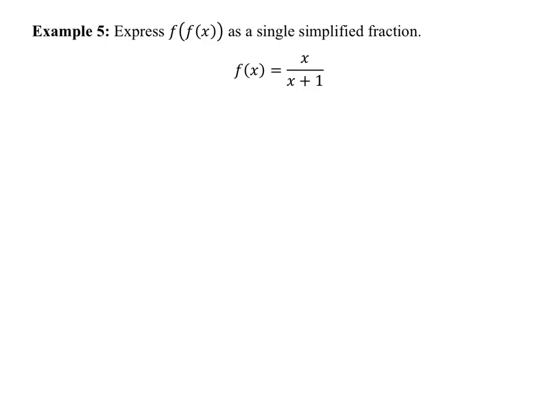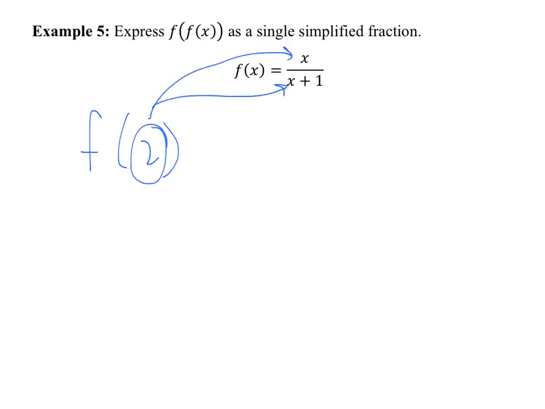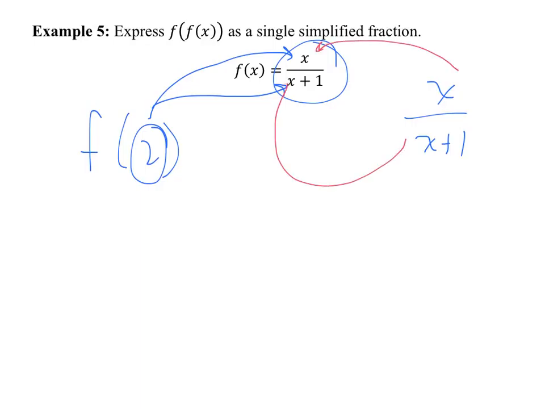If this had said f of 2, you would take a 2 and plug it in here and here, right? That's obvious. We've done that many times now. That's simple. So you need to take f of x, the overall function, which is defined as x over x plus 1, and plug it in up here and over here.